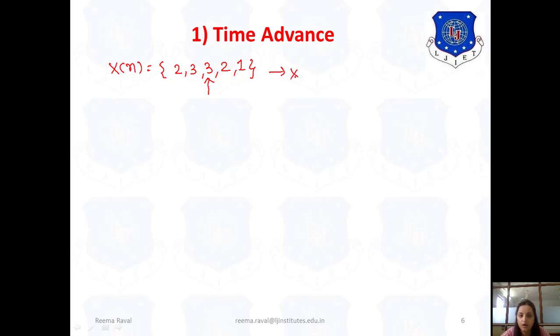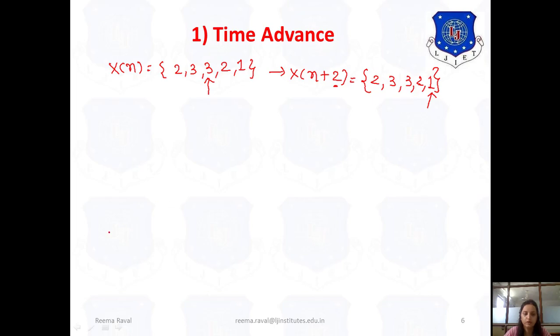And if I want the advanced signal, that is x of n plus 2, or x of n plus k where the value of k is 2, then I will shift this origin arrow to the right side, by 2 points, that is 1 and 2, and the arrow will now be at this value, right?